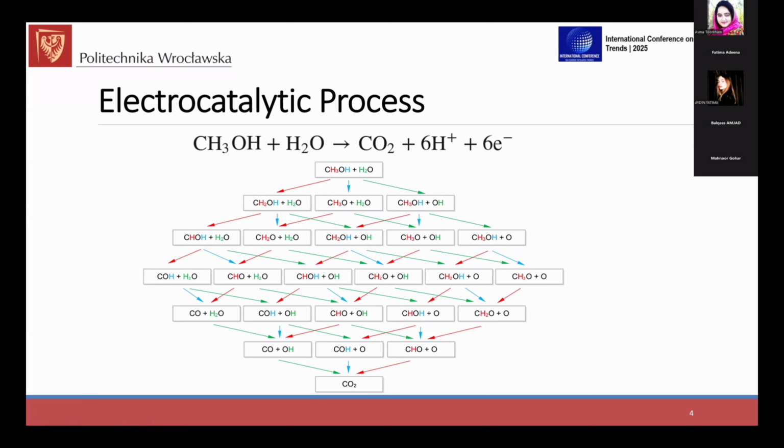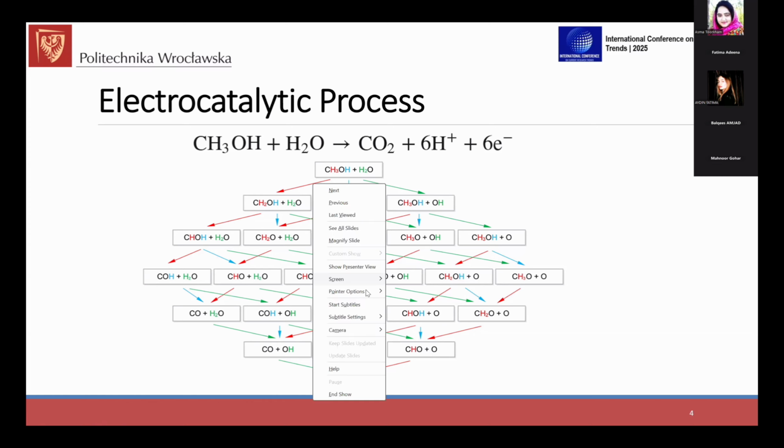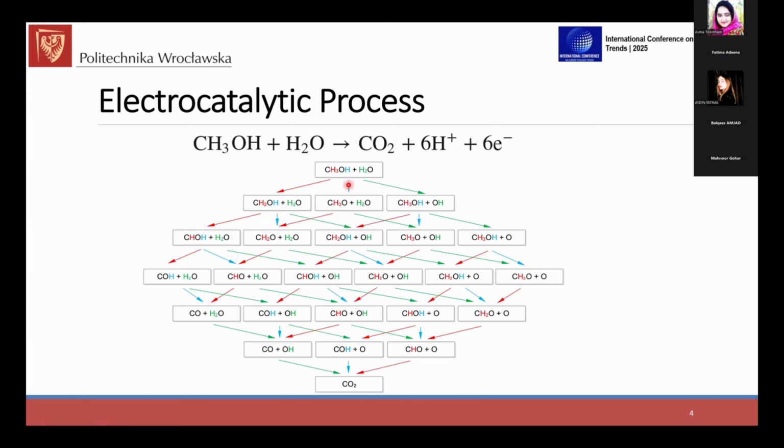Each box represents an adsorbed intermediate, and the different colors of arrows distinguish the sources of the removed hydrogen. The red arrows represent the carbon hydrogen dissociation, the blue arrows represent the oxygen hydrogen dissociation, and the green arrows represent the hydrogen coming from the water splitting.